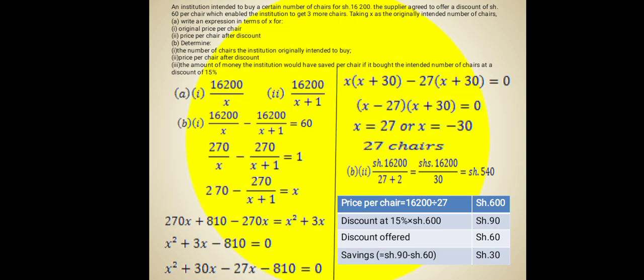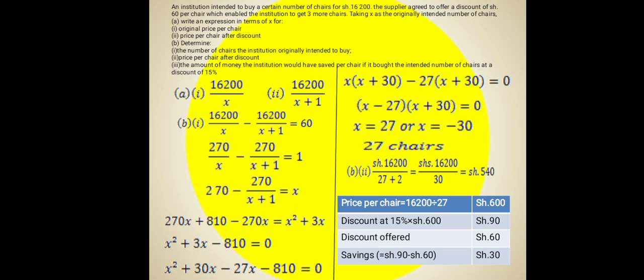Then part 3 asks for the amount of money the institution would have saved per chair if it bought the intended number of chairs at a discount of 15%. Now the institution was to buy 27 chairs before the discount made them buy an additional 3.